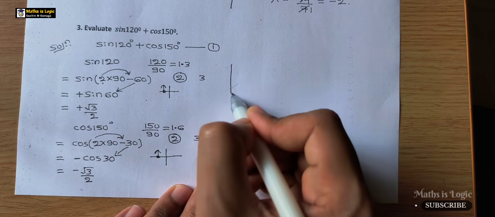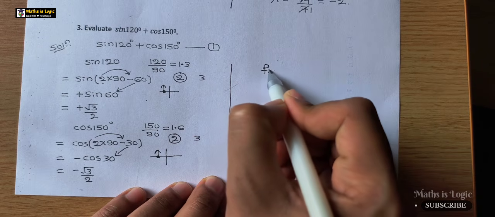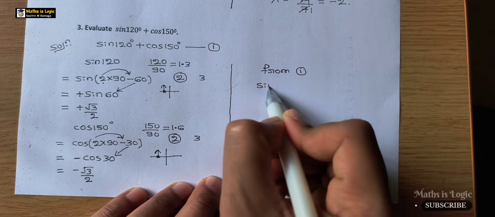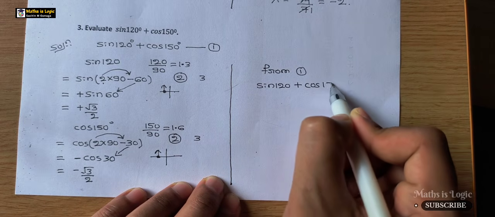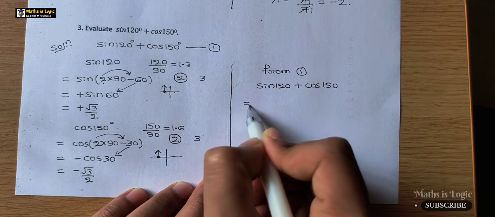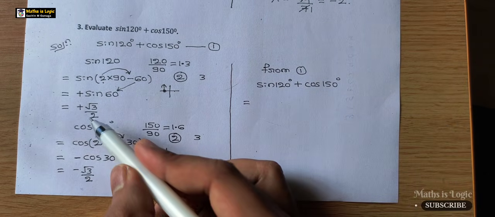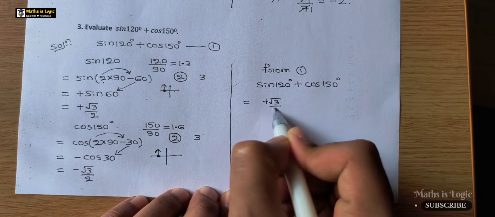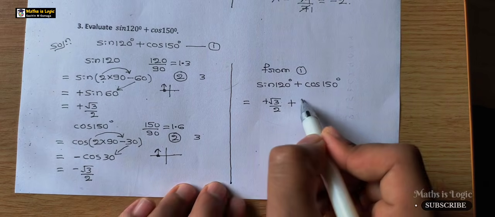After getting both the values, take equation number 1. Therefore from 1, sine 120 degree plus cos 150 degree is equal to, substituting sine 120, plus root 3 divided by 2, plus cos 150, minus root 3 divided by 2.